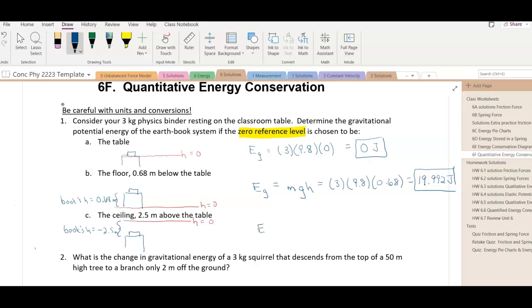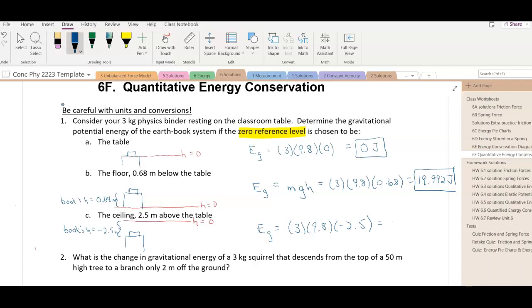So now, in that situation, the gravitational potential energy of the book would be its mass times 9.8 times negative 2.5. So it is possible to have a negative gravitational potential energy.